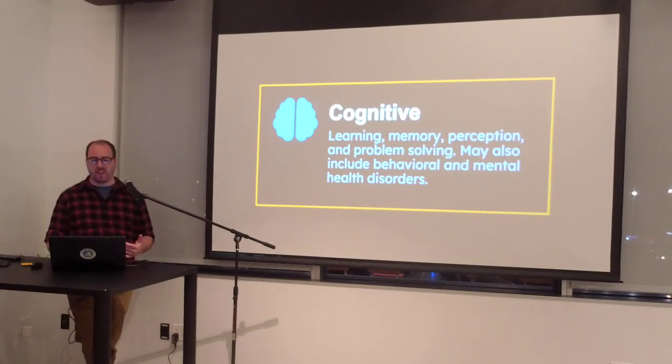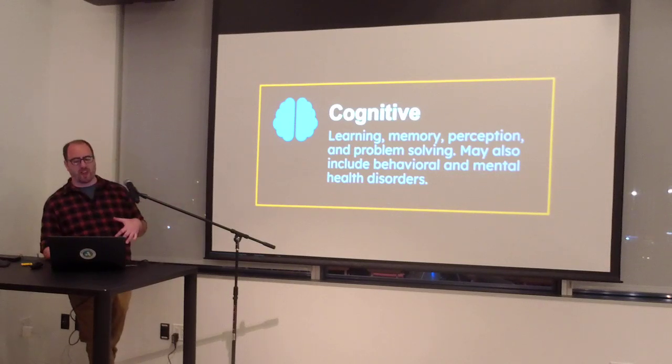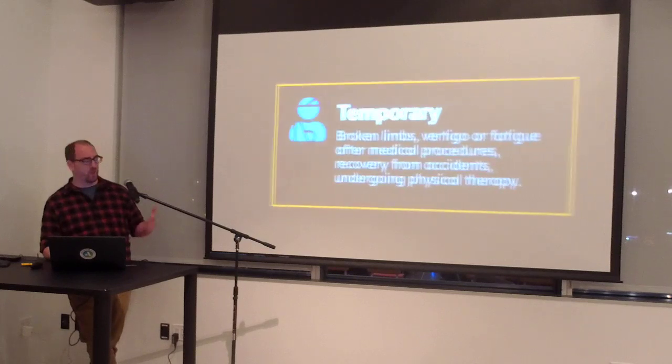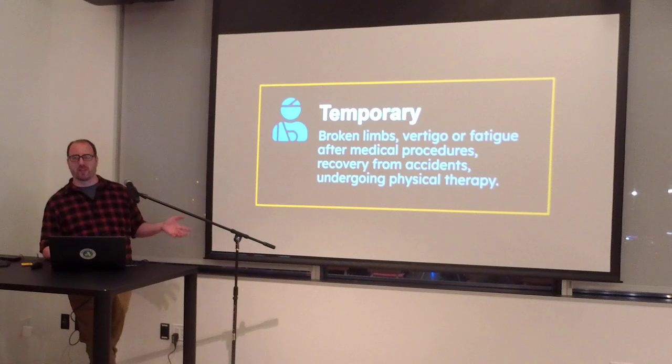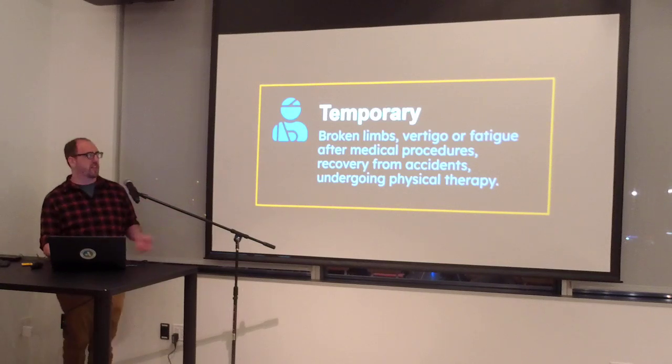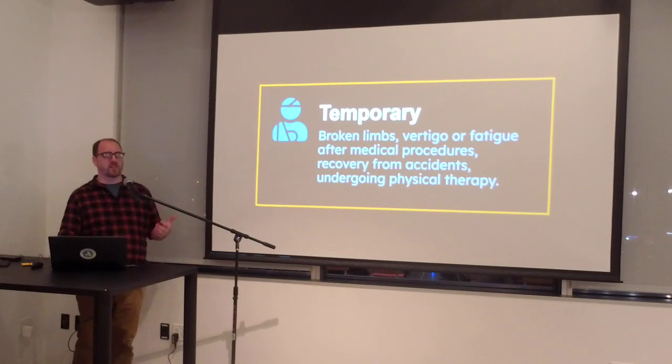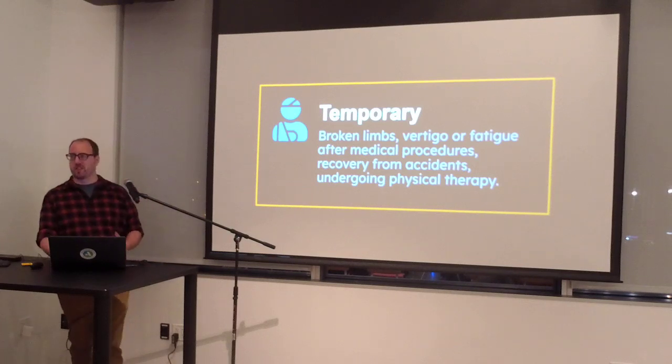And interestingly, every one of these types of categories can affect all of us at any time. We're talking about permanent, but there are also temporary conditions. So any one of us can go through a surgery or an accident and start experiencing some of these conditions, either temporarily or at a low level in a mild way, or in a very serious but short-term way.